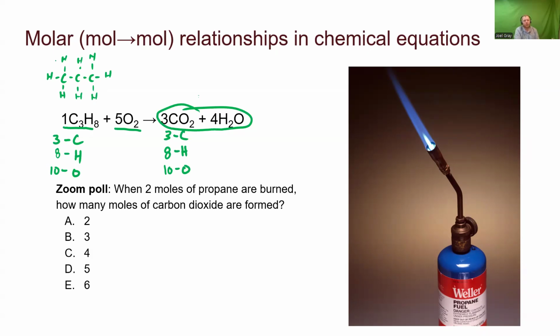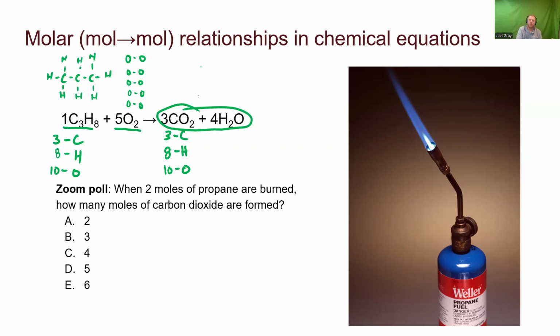Add a Y or an N to the chat if you agree that what I've just drawn is a good structure for C3H8. And confirm that you're good with that. Okay, now I'm going to draw O2. And these are rough drawings of O2. But add to the chat, how many O2s have I drawn?